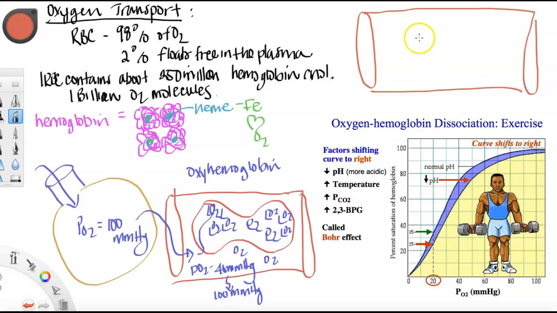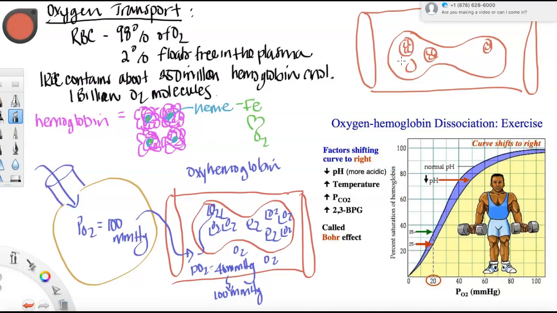So if we have our little red blood cell and we've got our hemoglobins full, so hemoglobin is full, and when it is full, the PO2, in a different color, the PO2 is 100.